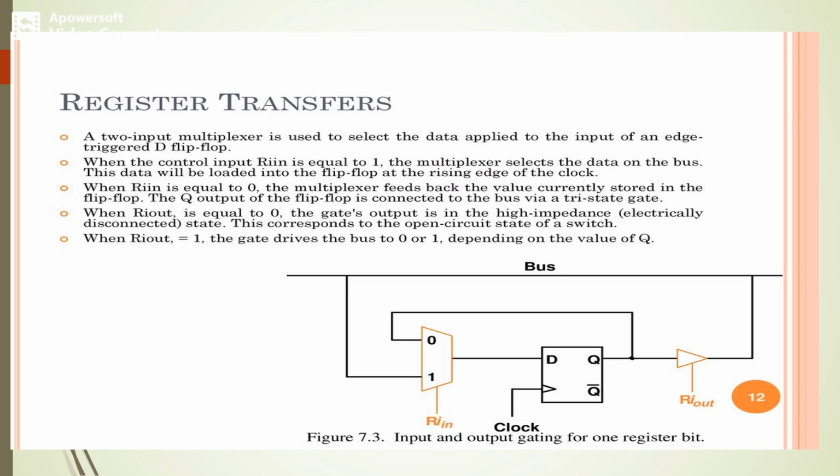Register transfers. A 2-input multiplexer is used to select the data applied to the input of an edge-triggered D flip-flop. When the control input Ri in is equal to 1, the multiplexer selects the data from the bus.